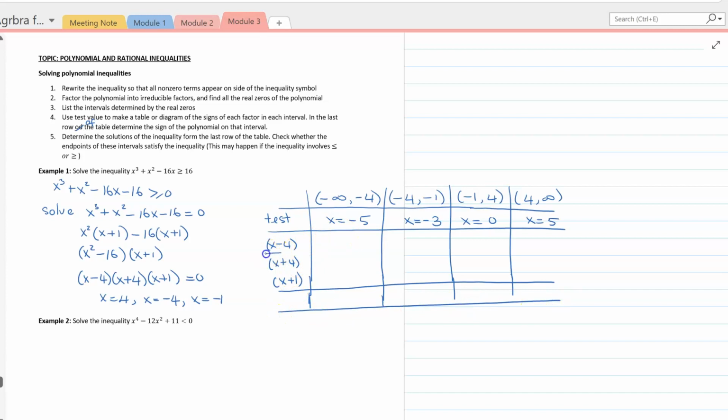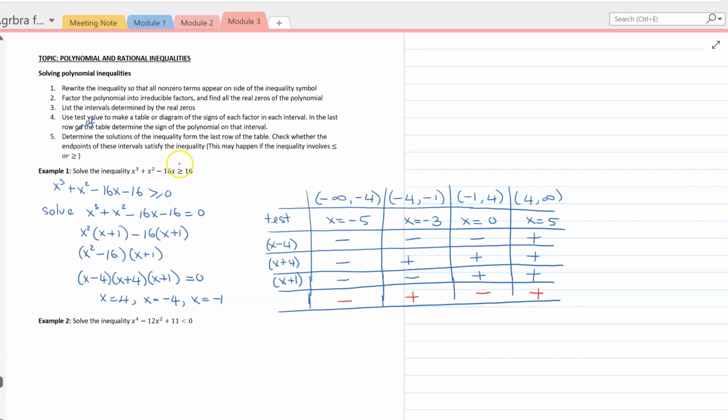Okay, so again, like we did before, we determine whether in each interval each of these factors is positive or negative. So here we get negative, negative, negative, positive, negative, positive, positive, positive, negative, negative, positive, positive. So the result here we get negative, positive, negative, and positive.